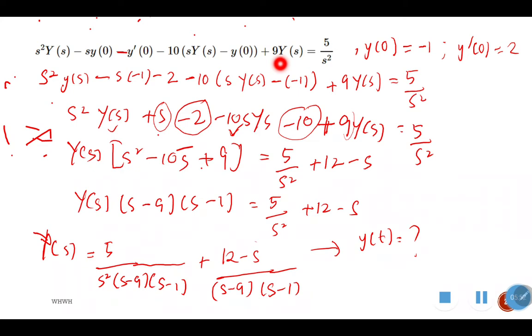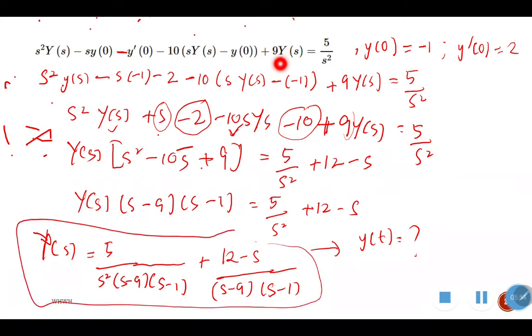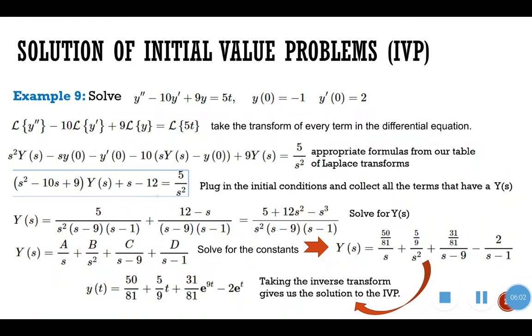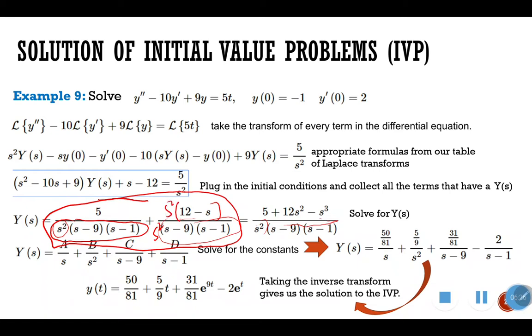Finding the inverse is another big step that you have to do here. Looking at the solution we got, we are here right now. Basically you can put everything into the same denominator. Comparing the first term with the second term, s squared is missing in the second term. So we multiply by s squared on top and bottom.